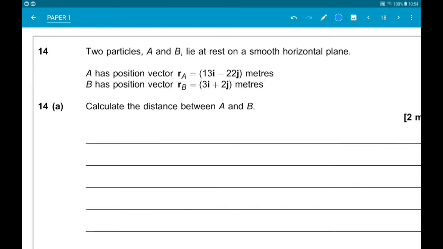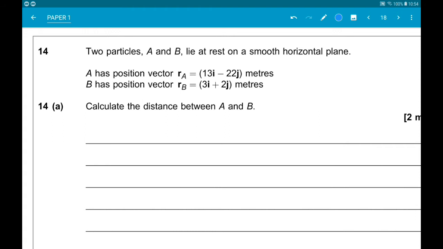14. Two particles A and B are at rest on a horizontal plane. Particle A has position vector 13i minus 22j meters, and B is 3i add 2j meters.